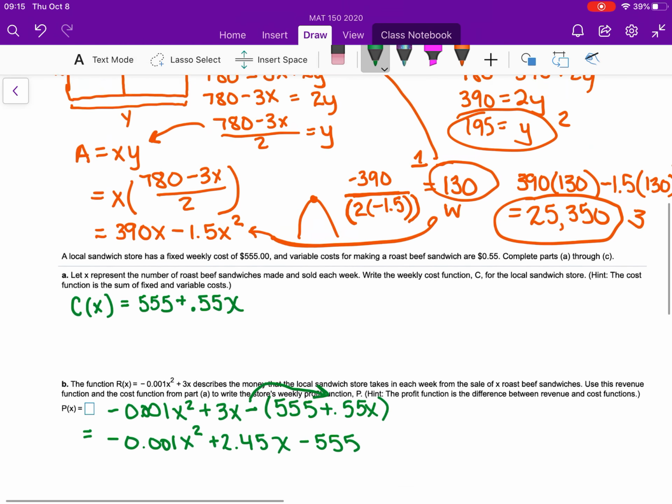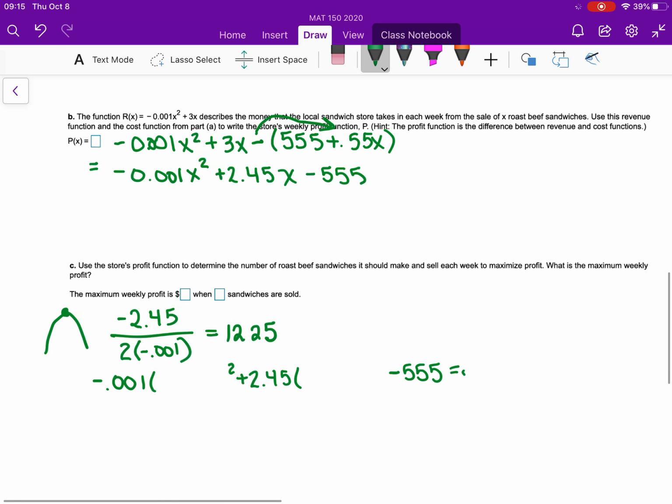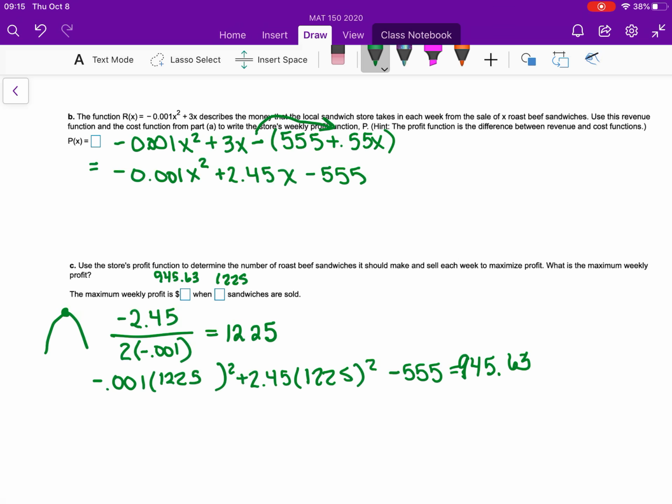Remember, X stood for sandwiches up here, and it never lost its meaning throughout there. So 1,225 sandwiches are sold. I plug that in everywhere, and that equals $945.63 if I round. So that is corrected. Sorry about that. I had a hunch that was wrong, and that was correct. All right, so hopefully these help you with your word problems.